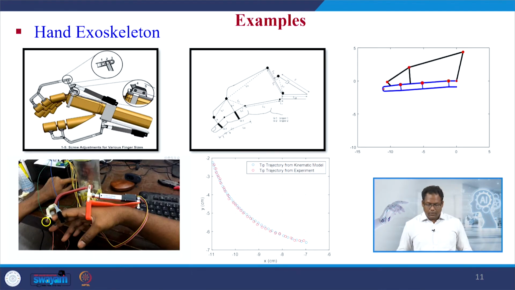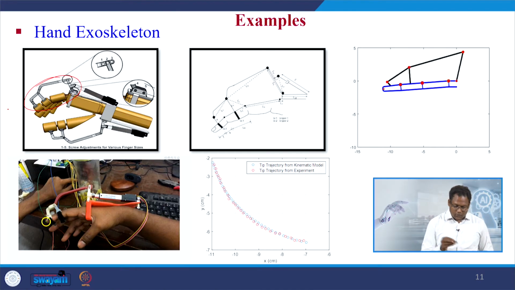Also, we have done the forward kinematics of a hand exoskeleton developed in our laboratory, which is meant for grasping tasks. In the previous case we saw the kinematics of a serial link. Here it is a kinematic model of a closed loop link, which is a combination of both physical or metallic links and the human link, because the human link is a part of the hand exoskeleton, and hence we have two closed loops coming into the picture to form the kinematic model of the hand exoskeleton.